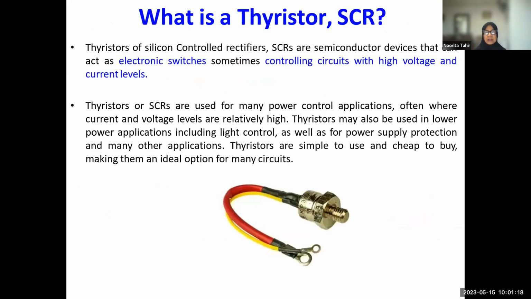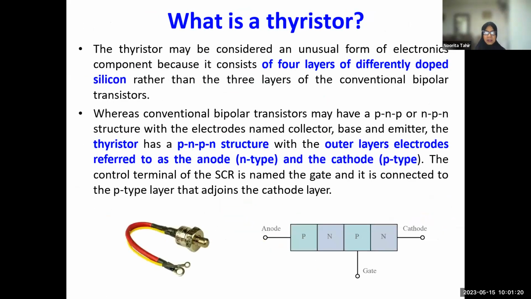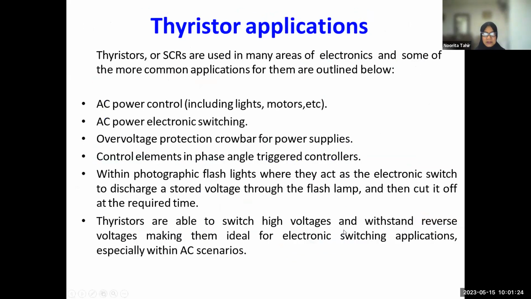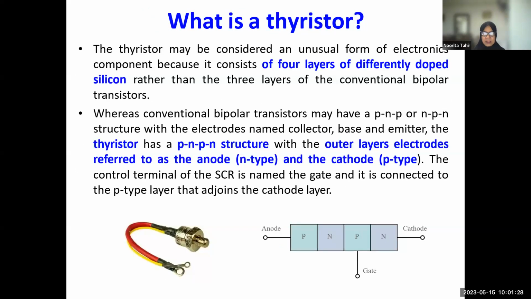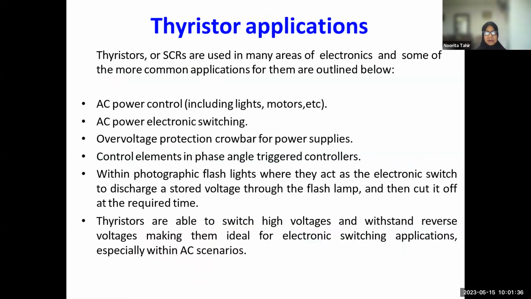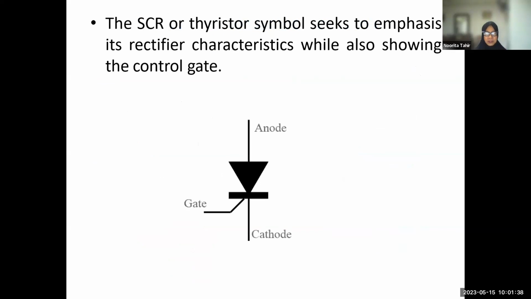This is the thyristor. It is also two transistors connected back to back, only that it has a gate that can be fired to activate your thyristor. This is the schematic symbol.